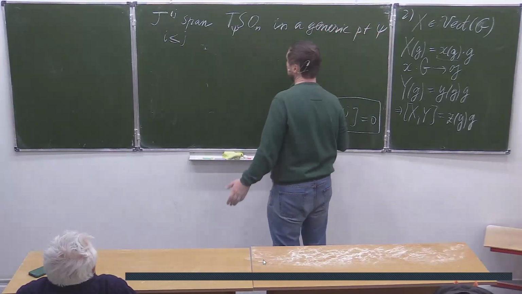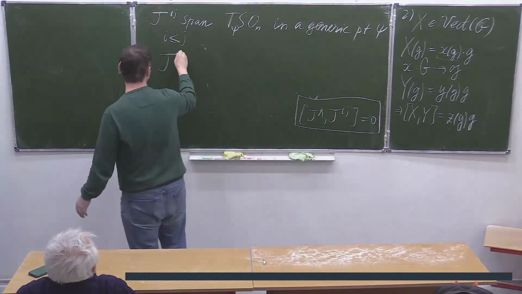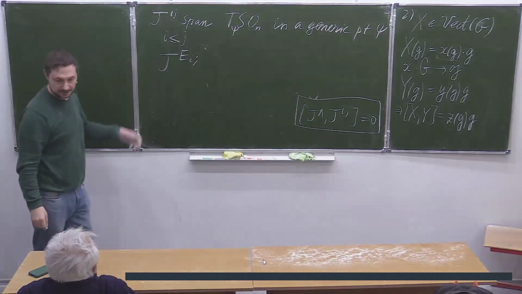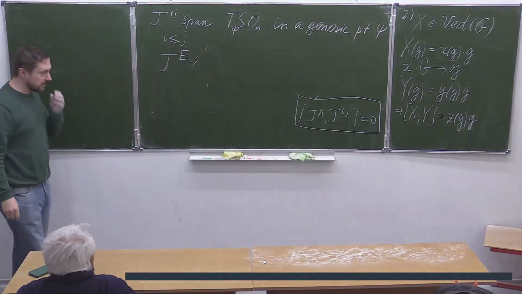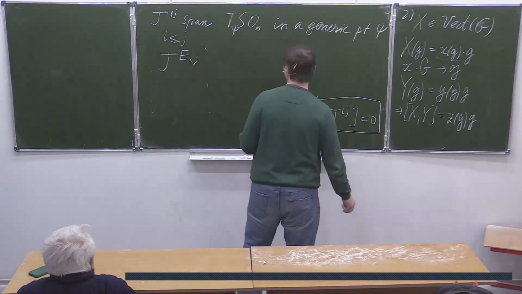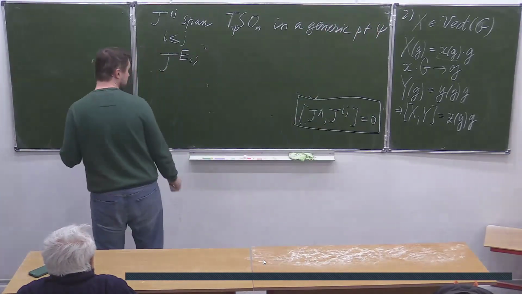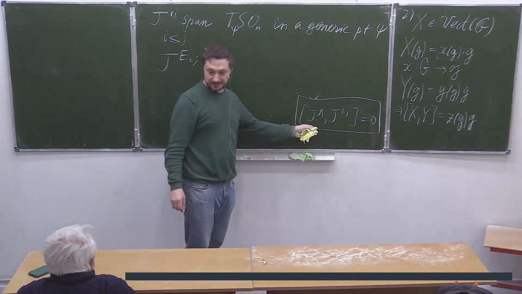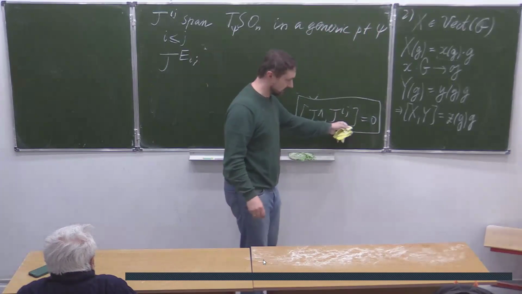That's almost clear because you need to check it for Eij. They have the same span at the generic point. So I only need to show that there is a solvable algebra inside these vector fields.